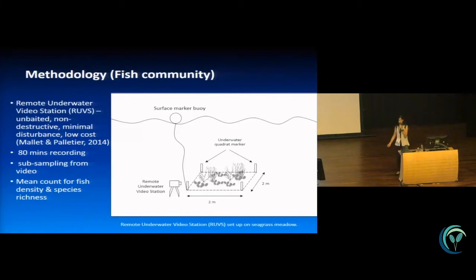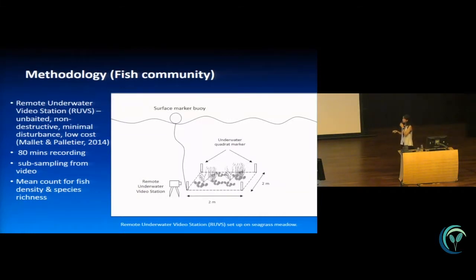So, I'm using unbaited remote underwater video stations to study the fish community, because we want to get the most natural populations of the fish within this 2 meter by 2 meter quadrat in the forereef seagrass.